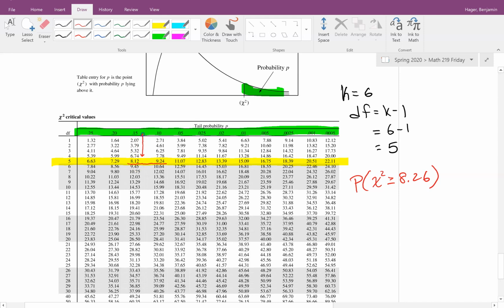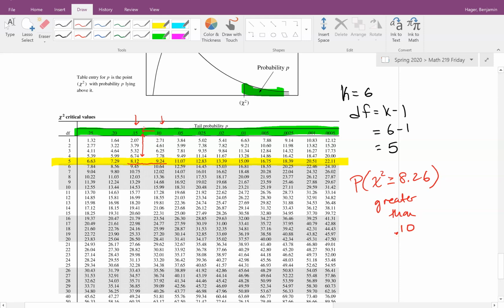So I can figure out that my area would be in between 0.15 and 0.10, but closer to 0.15. I don't know exactly what it is, but I can safely say that it's between 10% and 15%, and it's closer to 15. So at the very least, I could say this is greater than 0.10. It's definitely bigger than 0.10, right? Because it's closer to 0.15.